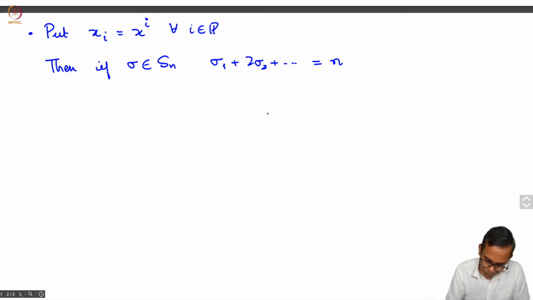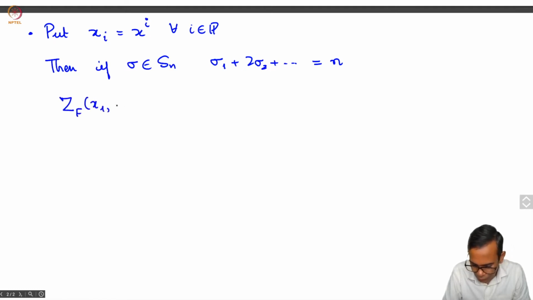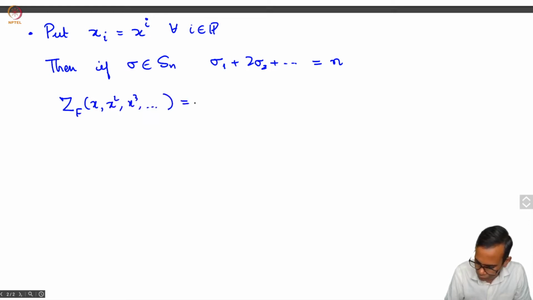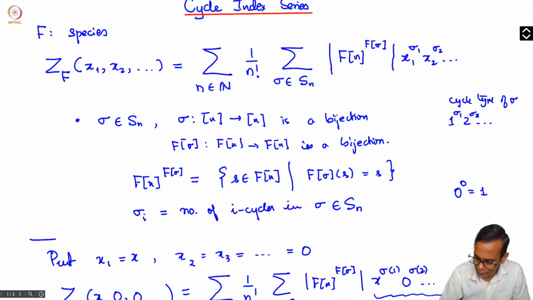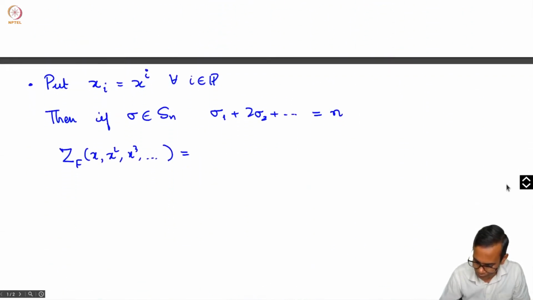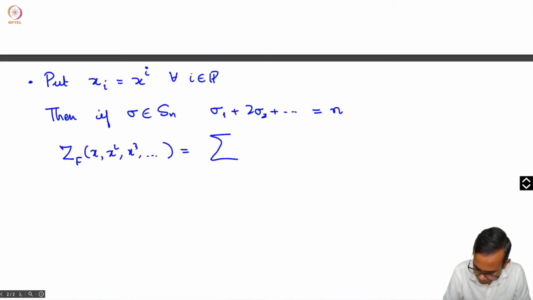And so this Z_F of x, x squared, x cubed, and so on. Okay, so remember what this was. Let's just copy it down. The sum over n in non-negative integers of 1 over n factorial.